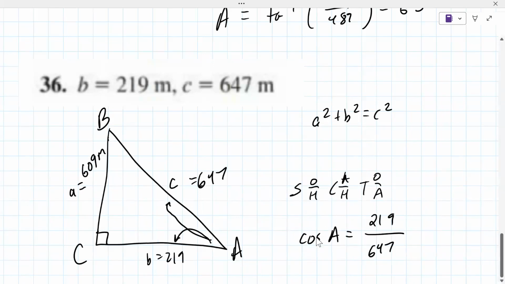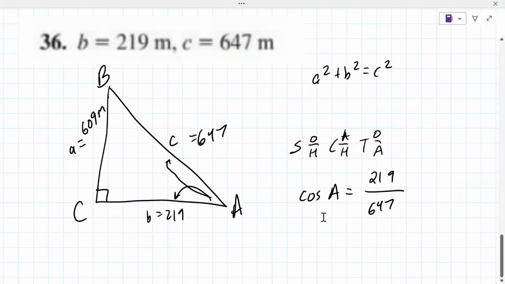And then how do you undo cosine? Well, just like before, you take the cosine inverse of both sides.